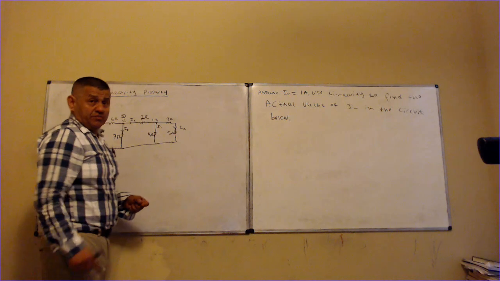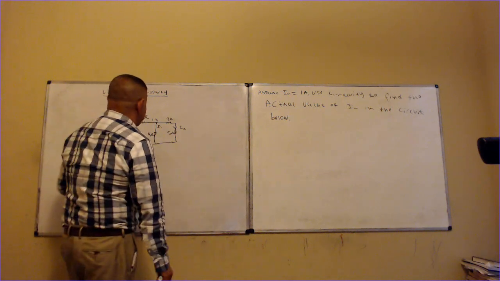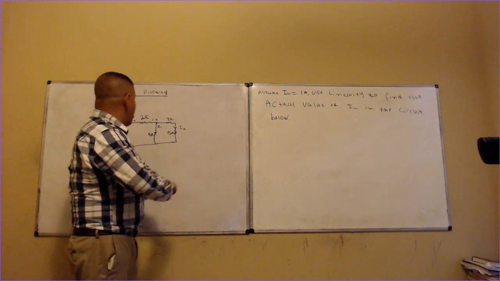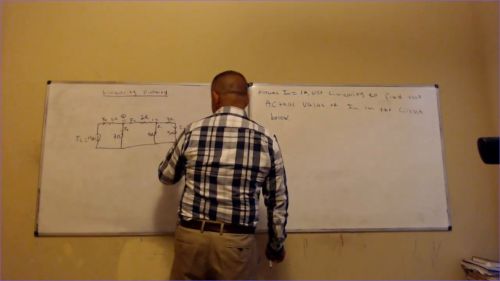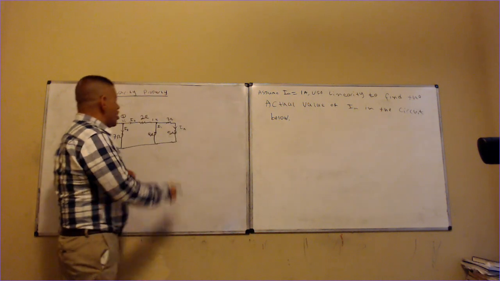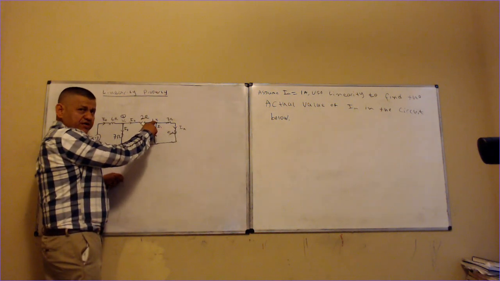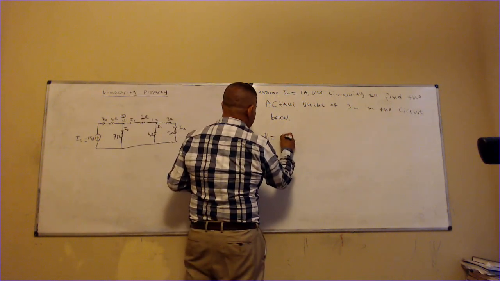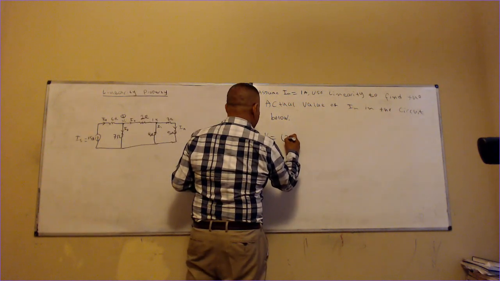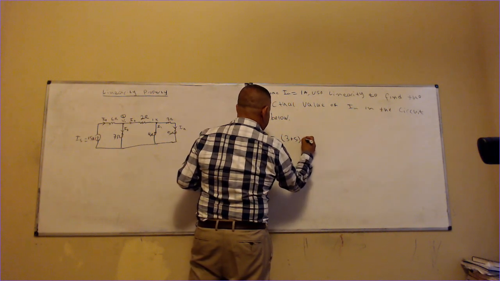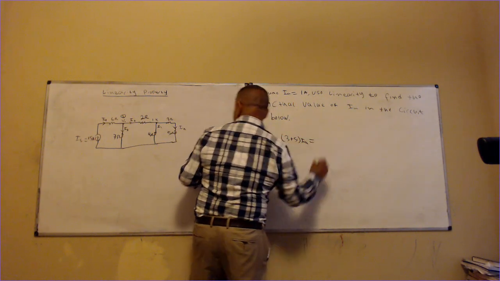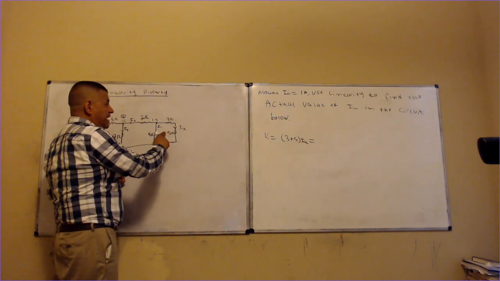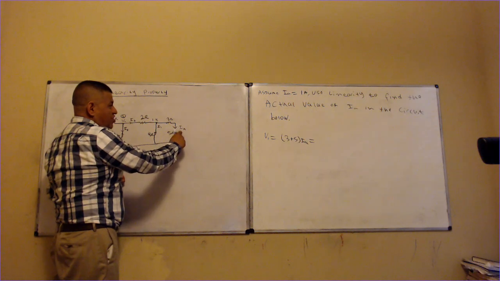Based on our experience in how to do circuits, we know that this guy is in series with that. So what we can do is find V1, which is this node. We can find this voltage by saying that V1 is equal to 3 plus 5 ohms times IA, because these guys right here are in series, so I can combine them, times the current that was given to me.